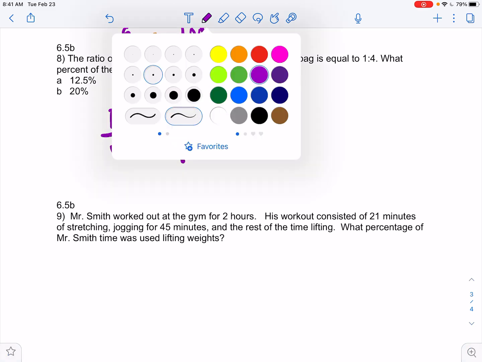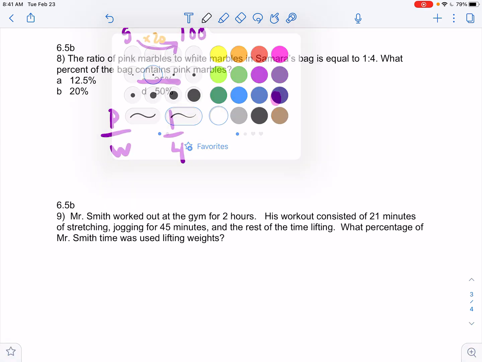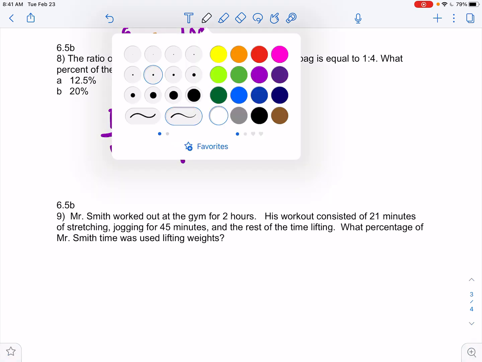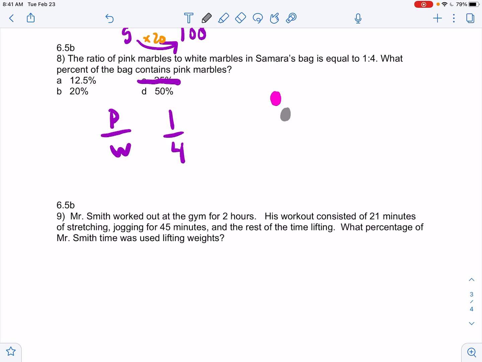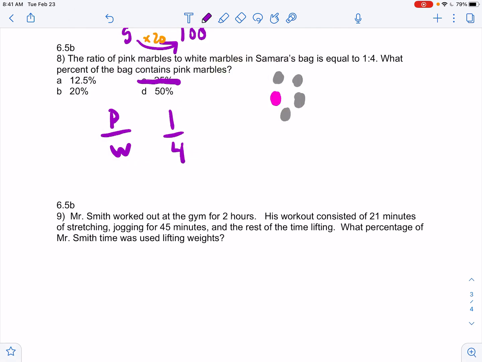But when you're looking at the marbles here, you have pink marbles to white marbles. So here's my pink marble. Pink is 1, and my white marbles, I really can't make them white, so I'll make them gray. Those are my marbles. You must have part to whole to be able to make a percent.